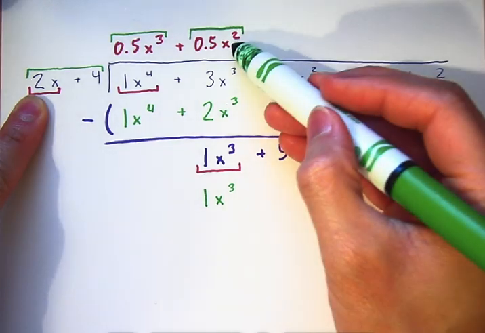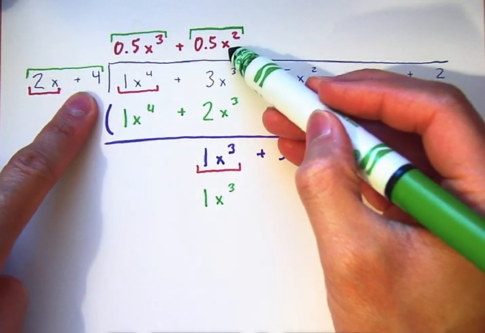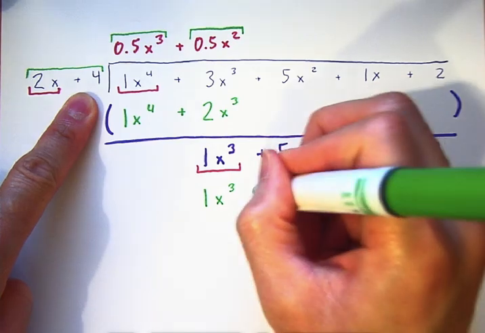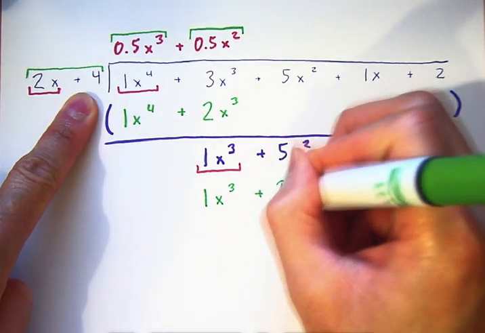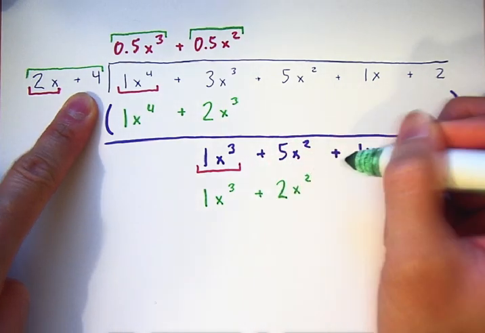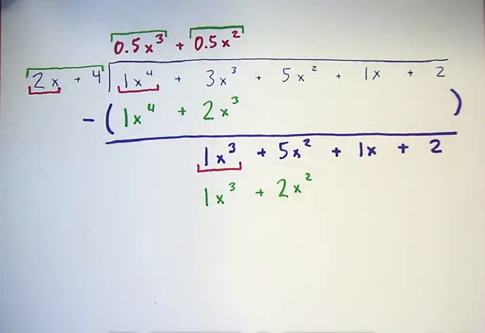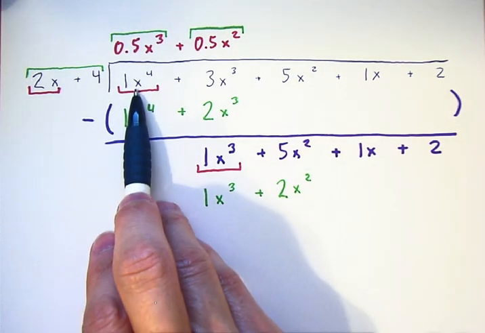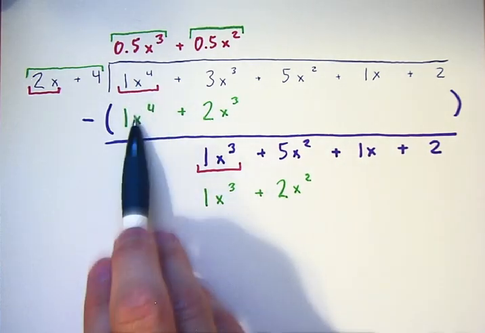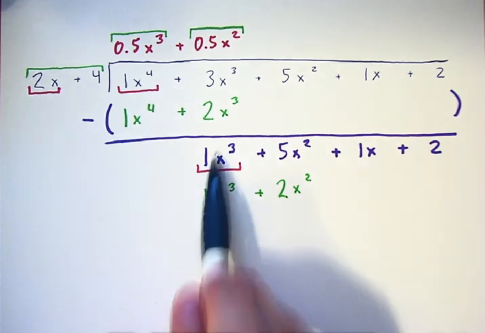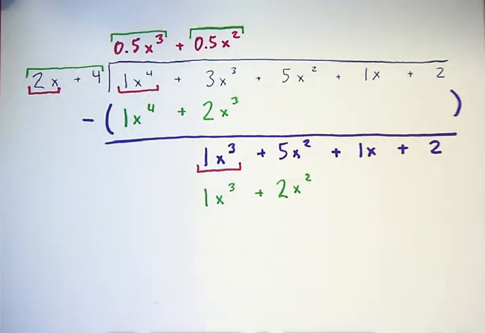And then 0.5x squared times 4 becomes 2x squared. One thing you might be noticing is that the ones right underneath each other, that first one is always going to end up being the same.